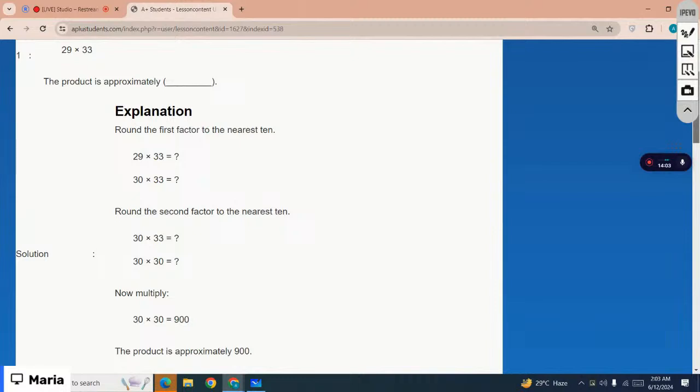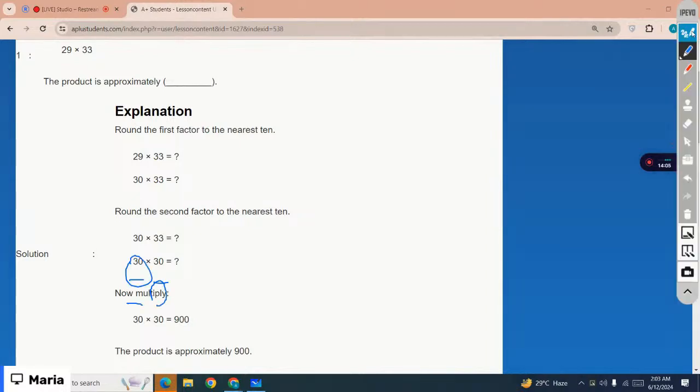Let's just multiply. 30 times 30 is, because they have the zero, when you multiply the numbers with zero, you just have to multiply the non-zero values. 3 times 3 you have to do, that is 9. So you have one zero here, one zero here. So answer must have two zeros, right? Because collectively both the numbers have two zeros. So that means the product is approximately 900. The correct option is, like, the answer is 900. Got it?